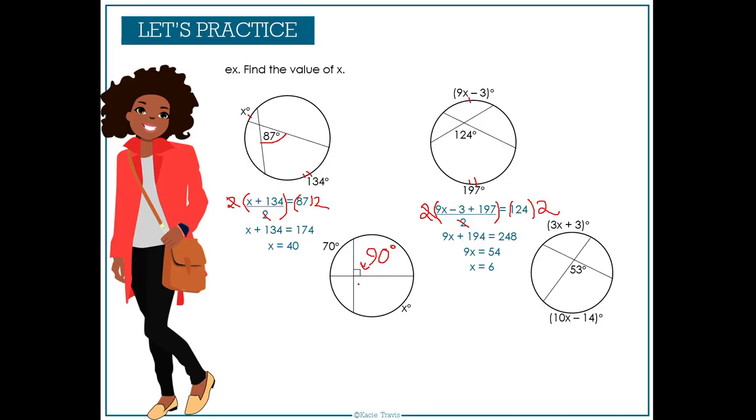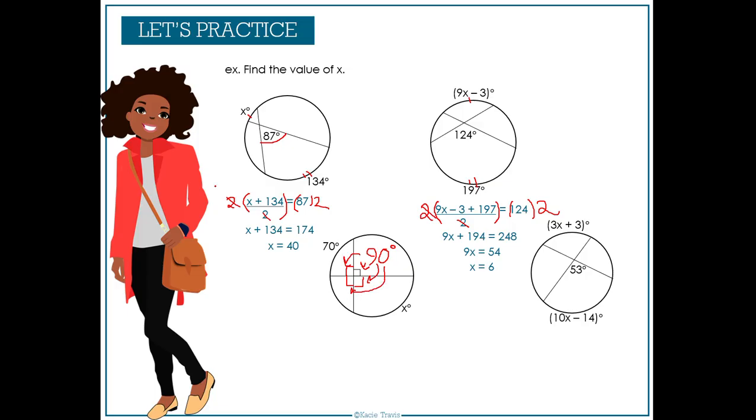They add up to 180. If this is 90, so is this, because these 2 make up a straight line. If this is 90, so is this, because they make up another straight line. And I guess you know where I'm going with this. It's another angle that is a right one, so that means all of these are right.